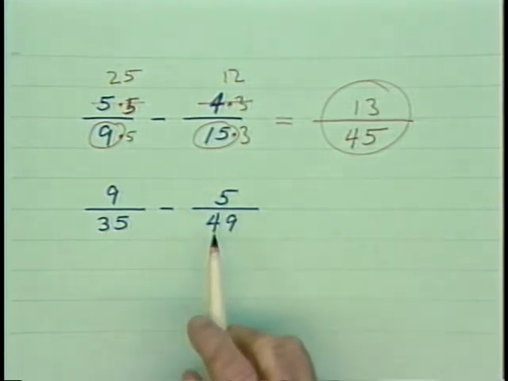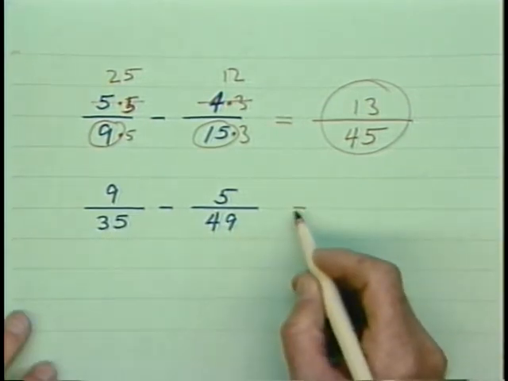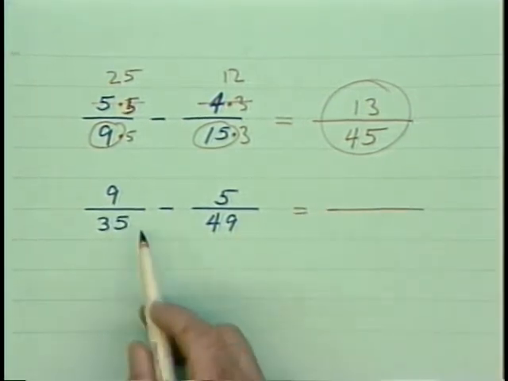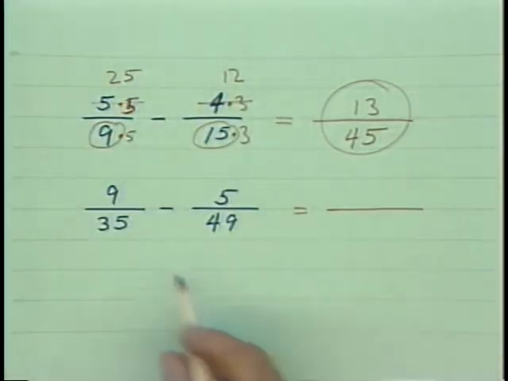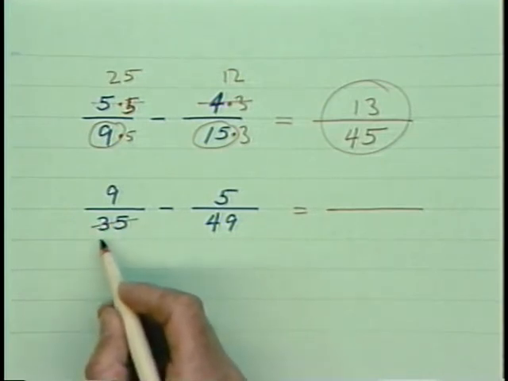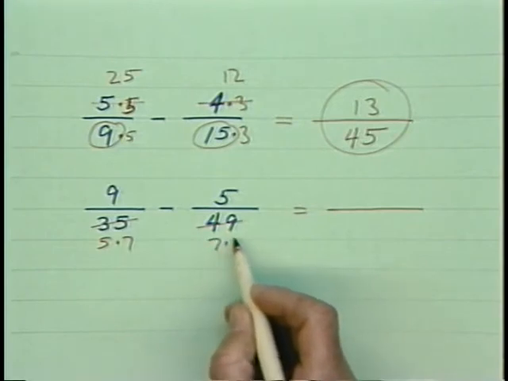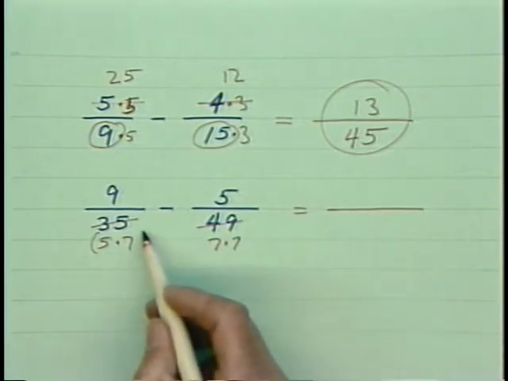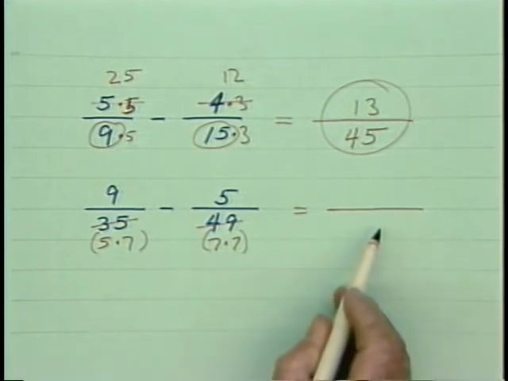Even though these are too involved to see the lowest common denominator, at the same time they're too simple to go to a separate sheet of paper and begin to prime factor, because we can just see that that is 5 times 7, and that this is 7 times 7, and we will build our common denominator right over to the answer where it's to be.